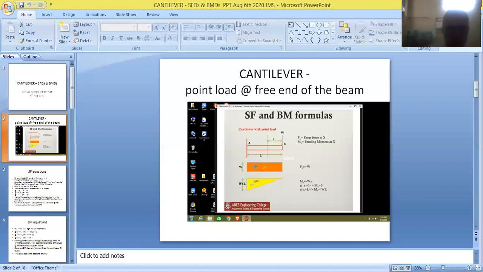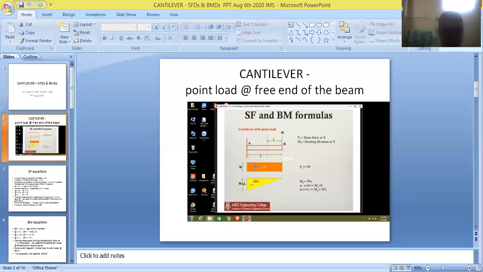So friends, this is about a point load that is acting at the free end of the cantilever beam. This is about the preparation of SF and BM equations.